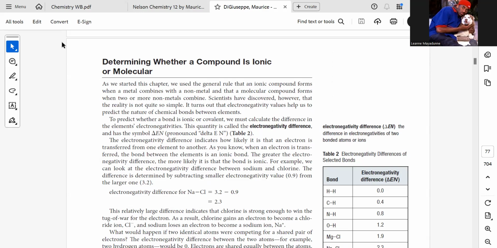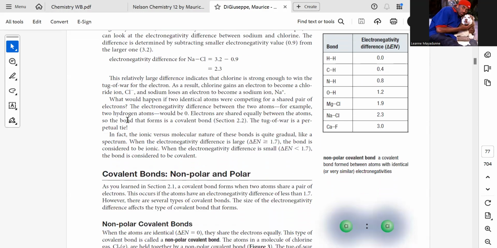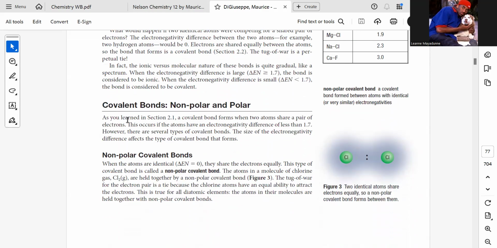Which part of the chart is it falling in? Ionic, because it's above 1.7. Oh, but wait, no, it's polar covalent. Can you correct that? It's a polar covalent bond. Understood how to use it?